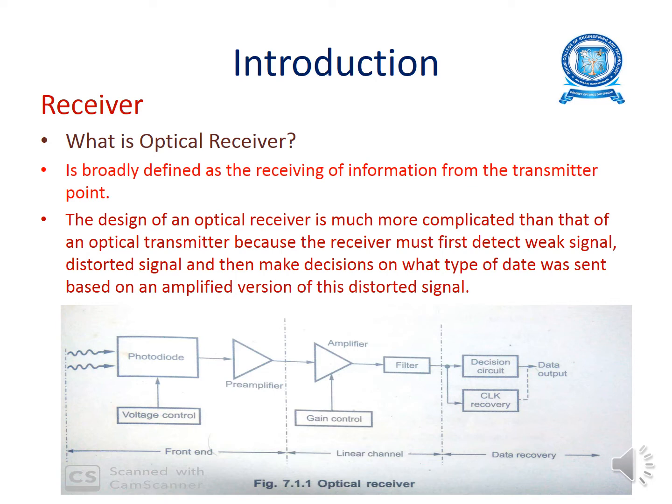Next, the peak amplitude of the voltage pulse is maintained constant by an AGC controlled amplifier, that is, automatic gain controlled amplifier. The output of the AGC amplifier is fed back to the AGC amplifier via a peak amplitude detector.